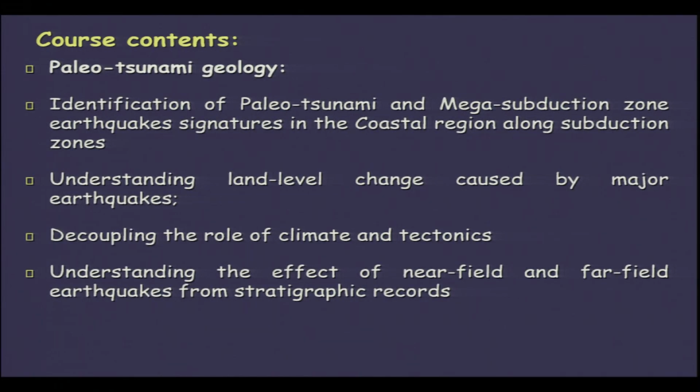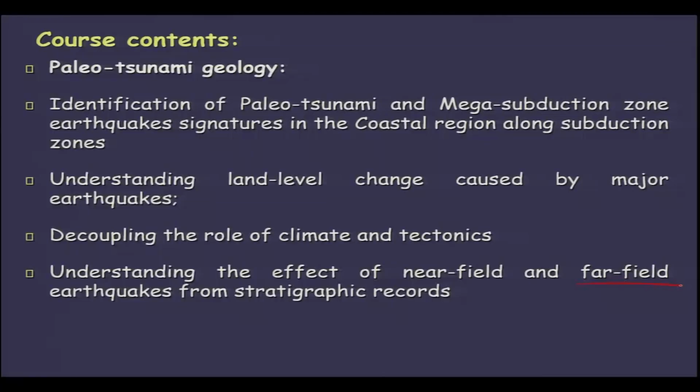Understanding the effect of near field and far field earthquakes from the stratigraphic record. This was one of the major questions which came to our mind when we were doing studies in Andaman.